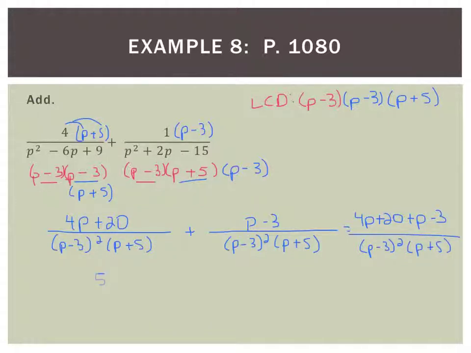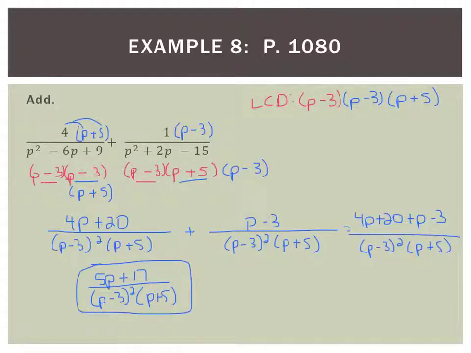So that's going to give me 5p plus 17 over p minus 3 squared times p plus 5. And I can't factor out anything from the numerator, and there's nothing that's going to cancel. So my final answer is 5p plus 17 over p minus 3 squared times p plus 5.